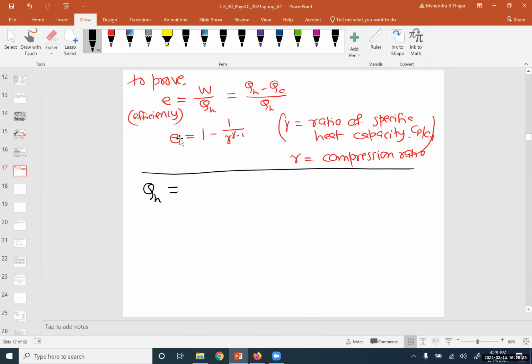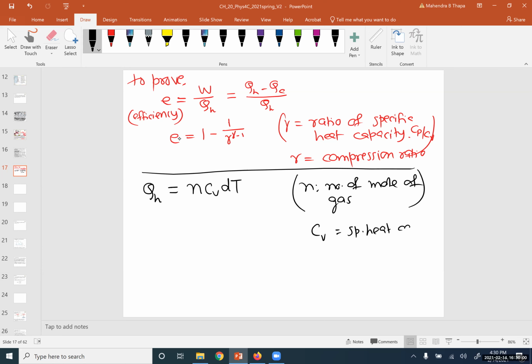QH can be written as n Cv dT, where n is the number of moles of gas inside the cylinder, Cv is the specific heat capacity at constant volume, and dT is the change in temperature.